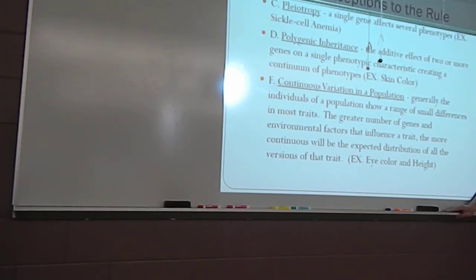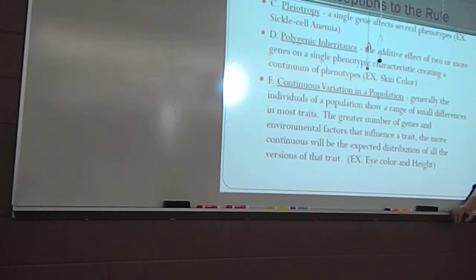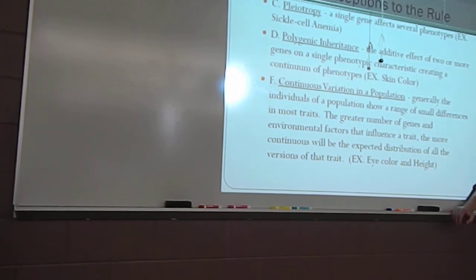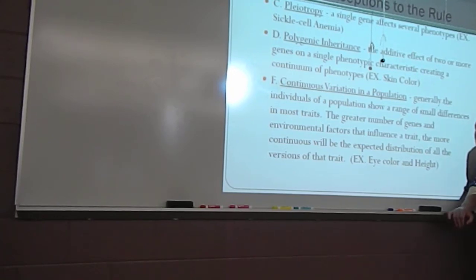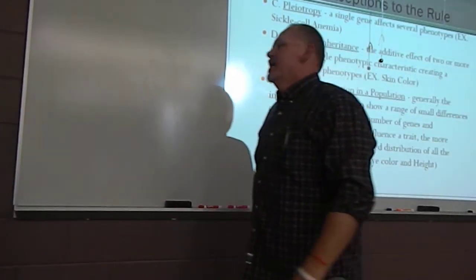But because they're controlled by more than one gene, and there are other environmental factors involved, then you have differing types of people with their heights. Okay. Any questions with these? Okay.